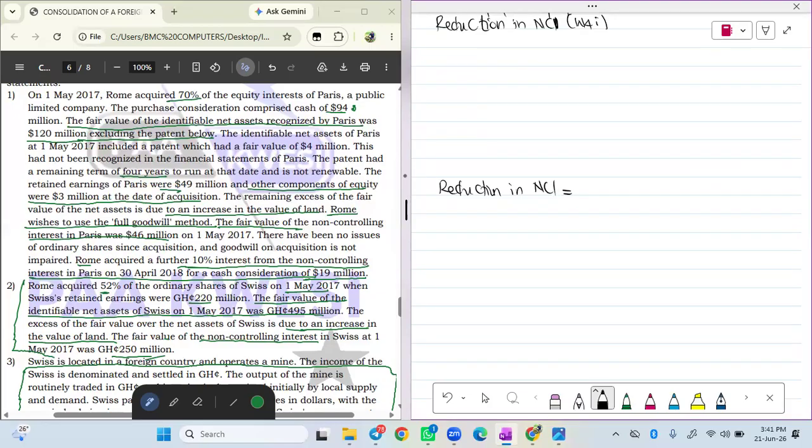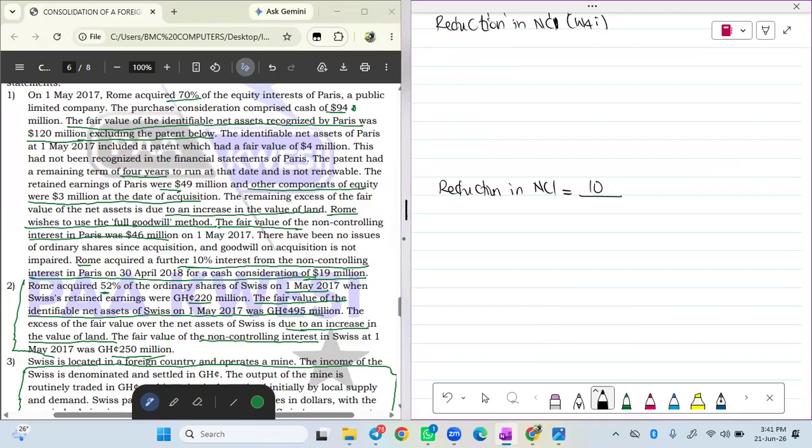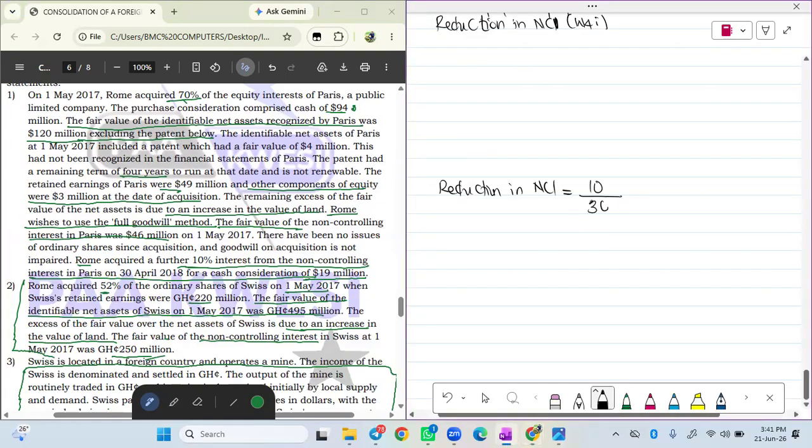The additional interest acquired, 10%, divided by the old NCI, the previous NCI before they acquired the additional. The old NCI will be 30, because initially they were controlling 70. So old NCI is 30 before they acquired the extra 10, times the current value of NCI as at 30th April 2018.